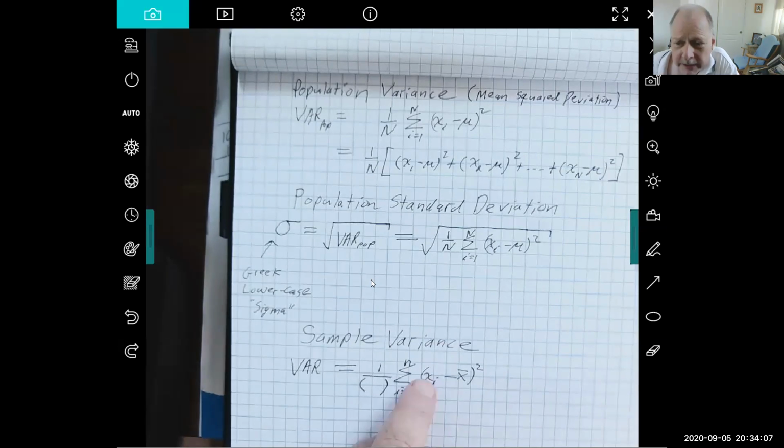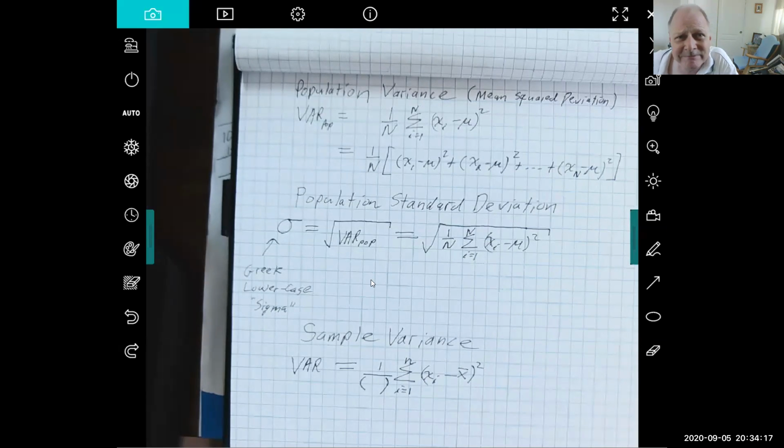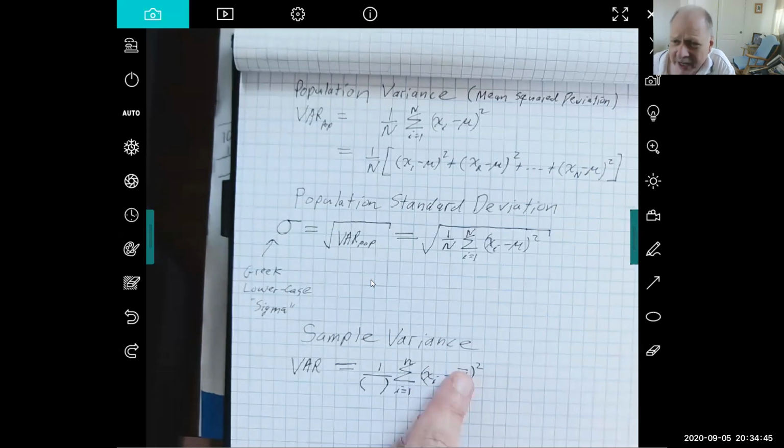Do you think your income is more likely to be near the class average income or near the national average income? Maybe the people in the class are more like you. And maybe we don't have Bill Gates in the class. And so maybe your income's closer to the classroom average than the national average.